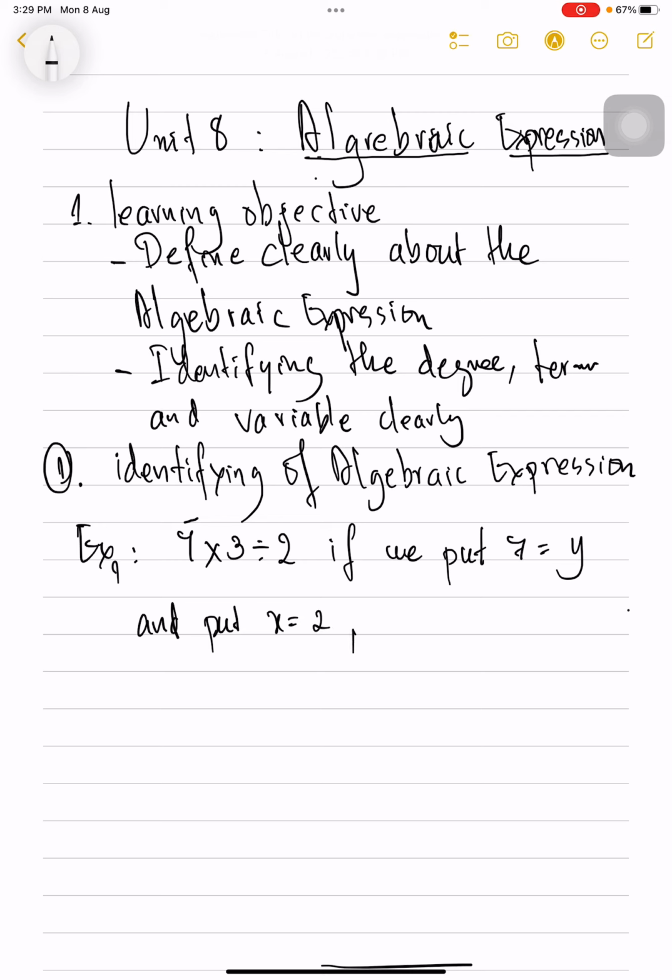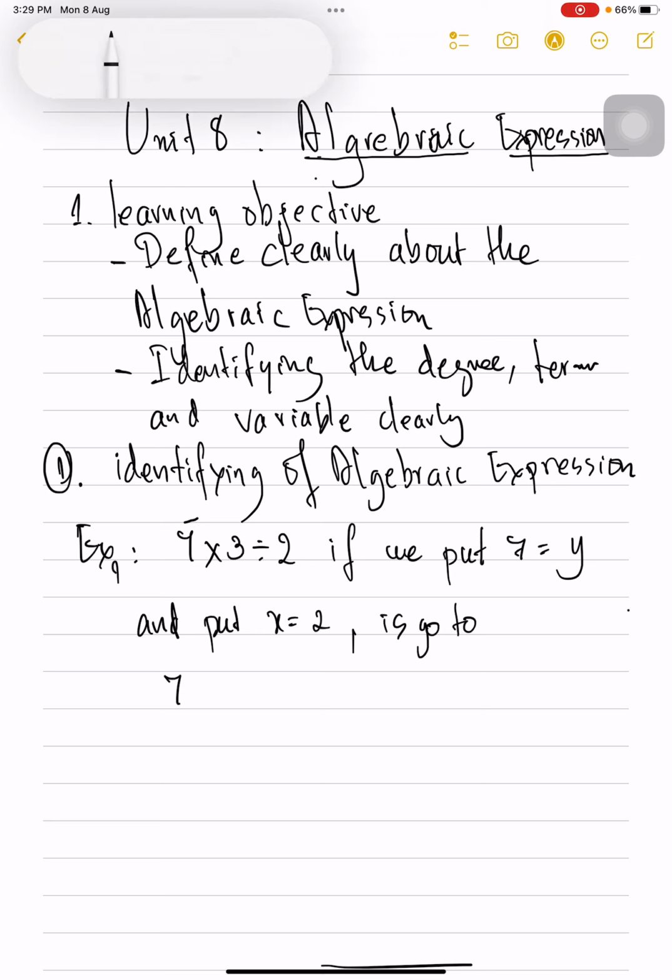So the expression is 7 multiplied by 3, and 7 is now replaced, so we put number 7 equal to y.